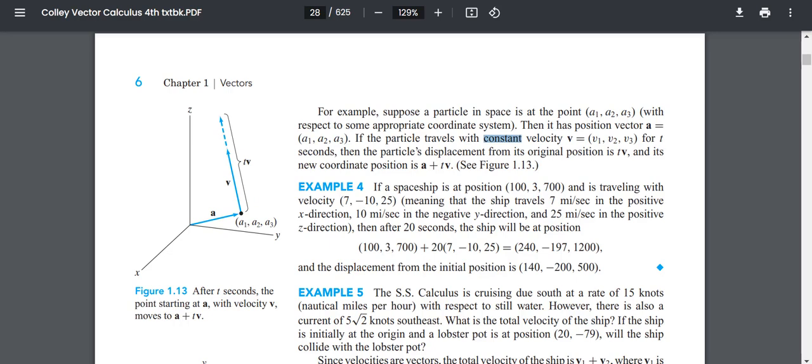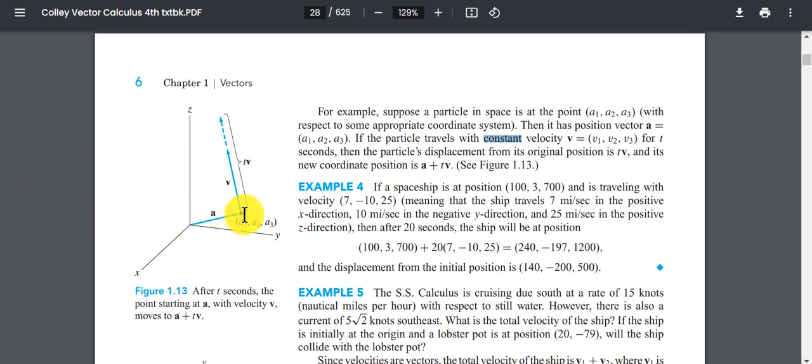We'll use the length of the vector to indicate the speed. So if we wanted to say it's going faster, we'd have a longer vector. That sounds a little bit strange because we tend to think of this as being in the physical space, but that's not really what it is. It's just a tool for us to indicate the speed.